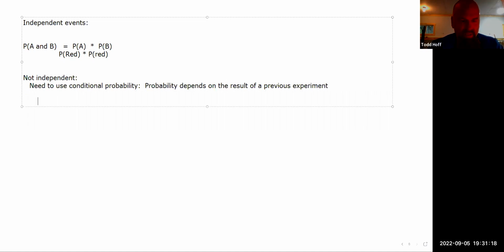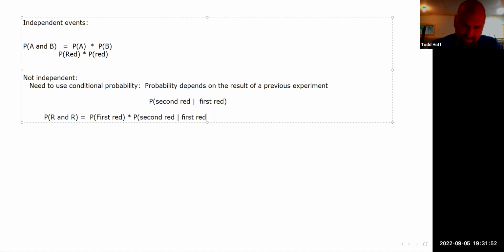So the notation here: probability of the second marble being red, given that the first was red. That's telling us that we have to assume the first marble was red to calculate the probability of the second marble being red. So technically, our probability of drawing two marbles and having both of them red was the probability of the first being red times the probability of the second being red, given that we knew the first was red.